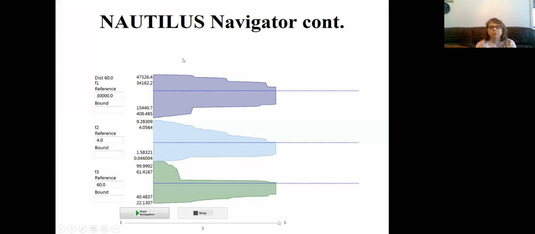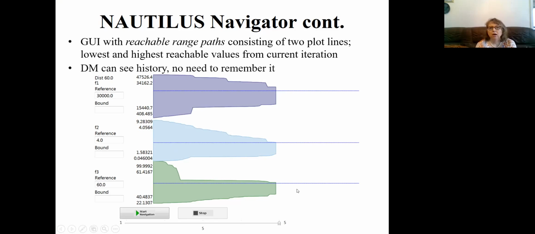But here's a case where we have 3 objectives, and we have, once again, these blue lines representing these desirable values, aspiration levels, components of the reference point that the decision maker has provided, and we can see how the reachable ranges have been evolving. And the decision maker has stopped here. One can go backwards, or one can change the aspiration levels and then continue whenever one wants to.